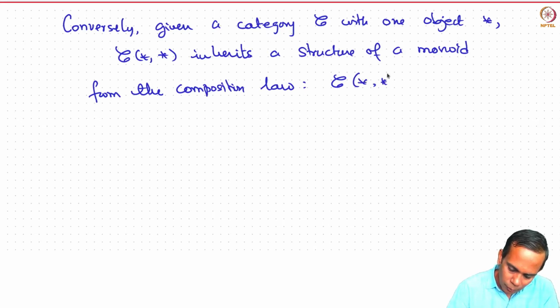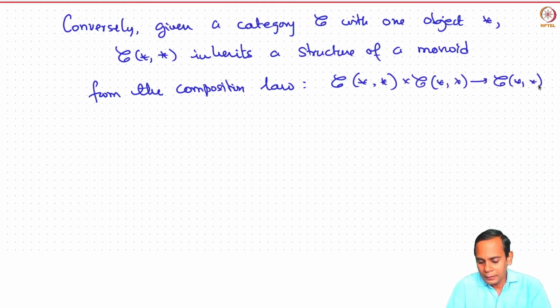The category has a composition law, and that gives you a function from C(star, star) cross C(star, star) to C(star, star), and this is a binary operation which gives C(star, star) the structure of a monoid.